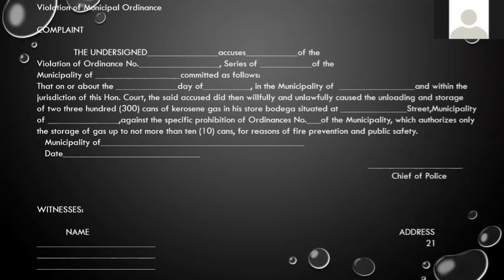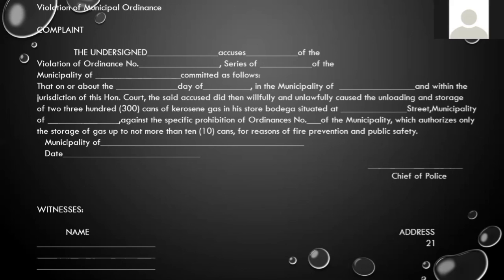Ulitin ko po, sa street municipal naman po yung, kunyari nga yun, yung example ko na Barangay Saksama, Makayadag Swerte Street, Mandaluyong City, yung mga ganun po. The ordinance municipal which authorize only of the storage of gas of not more 10 counts of fire. Municipal of, lalagay niyo po yung pinaka address po nung pangyayari.